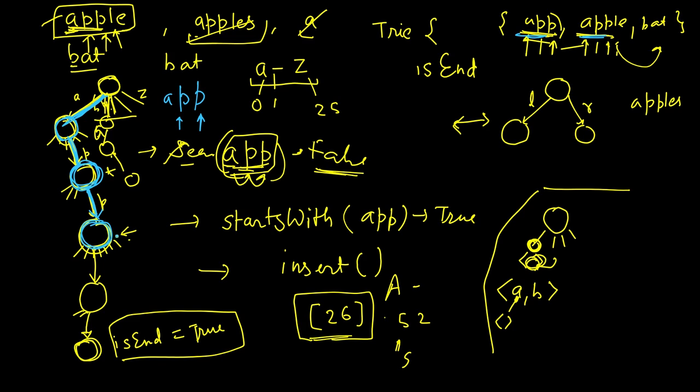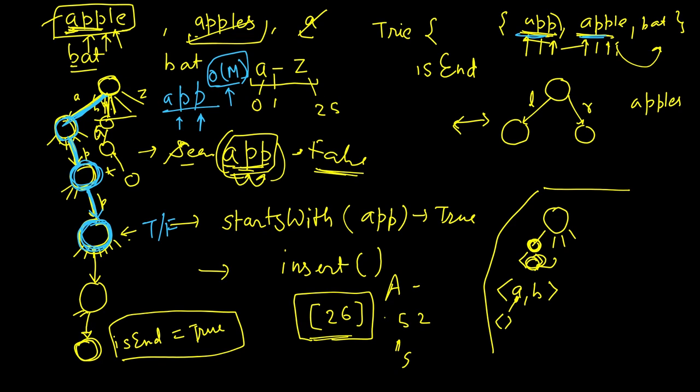And either we will return true here or false. We will not need to do any other searches, depending on whether this is the end of the word or not. So it will take order m time. If m is the length of the search word, the search will be taking order m time.